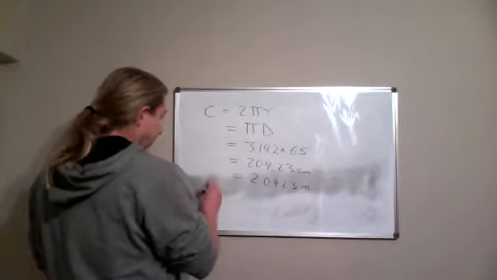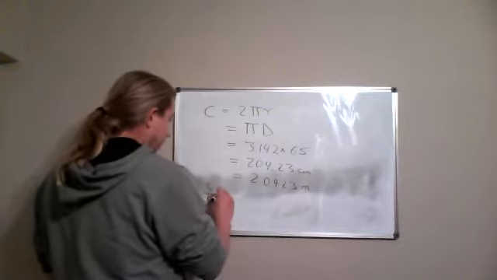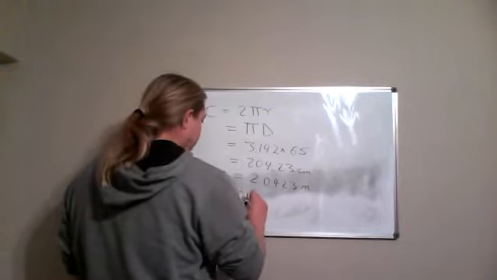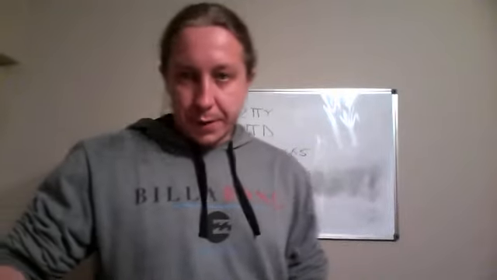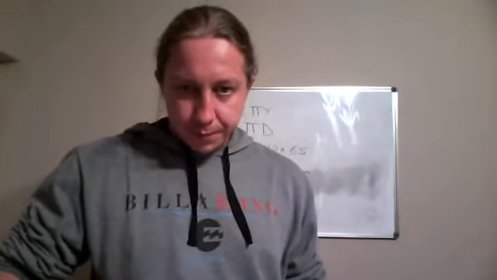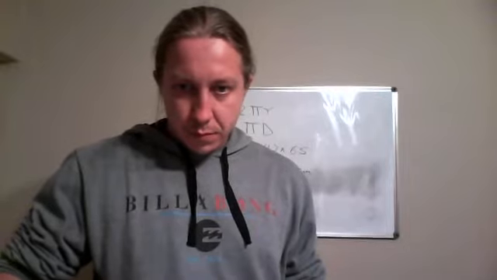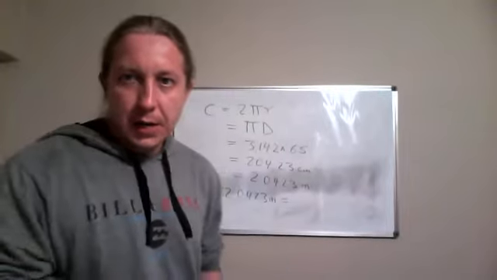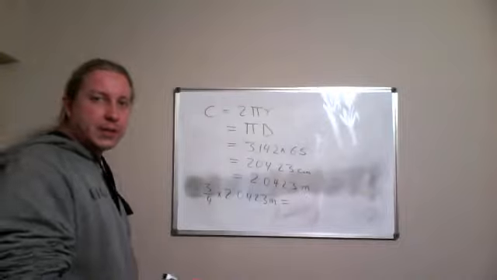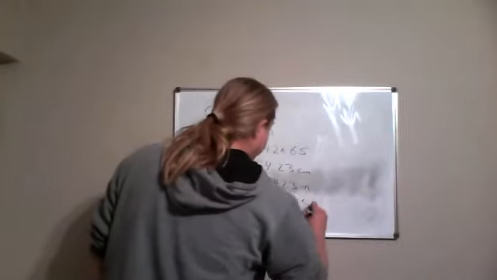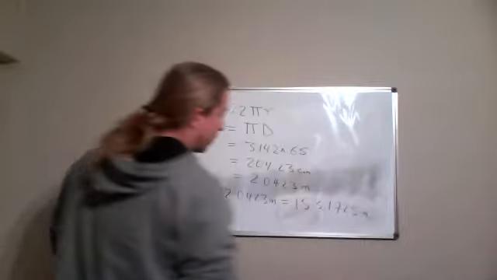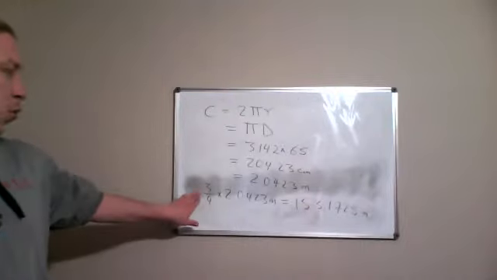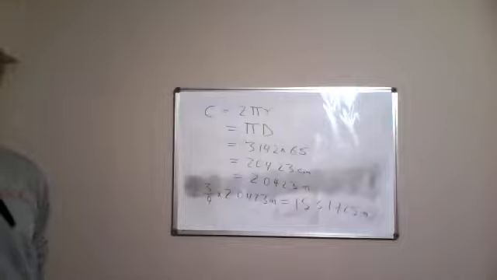So 3/4 multiplied by 2.0423 meters would equal, let me quickly do that. Okay, so I get 153.1725 meters. So in 3/4 of a revolution, it travels that much.